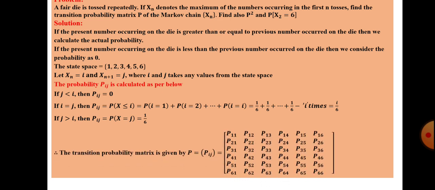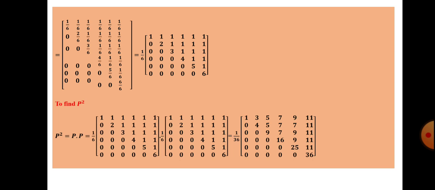So now we know the transition probability matrix. We are mentioning the positions P11 etc. up to P66. We are placing the actual values, 1 1, 1 2, 1 3, 1 4, 1 5, 1 6. Row names 1 to 6, column names 1 to 6.